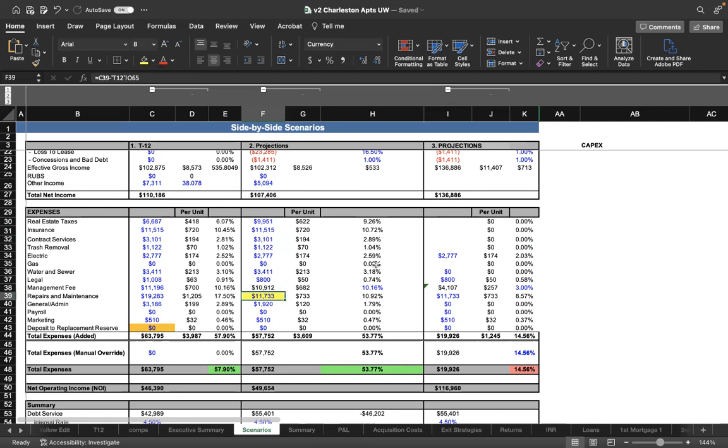Repair and maintenance is what we have paid and what we can expect to pay going forward, looking at the T10, what we've paid in the last 10 months, again annualized.